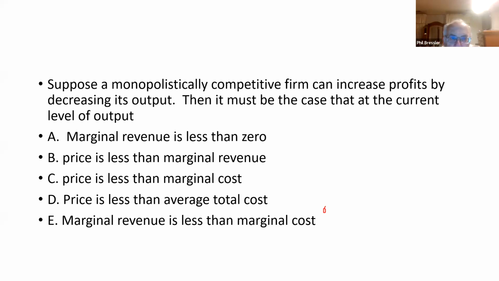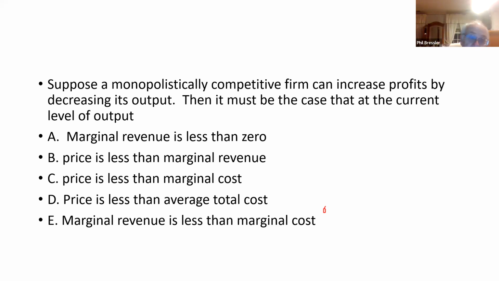Okay, what do we have here? All right, I've got E's. All right, very good. If we could increase profit by changing output, it means we're not at the profit maximizer.